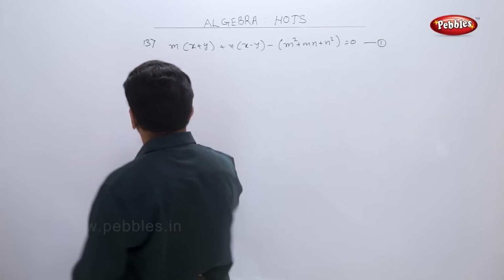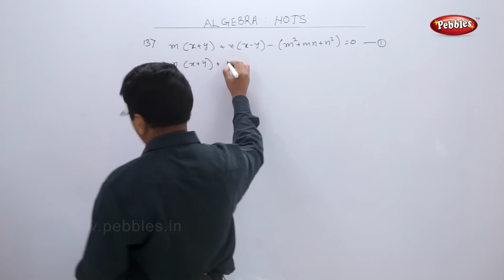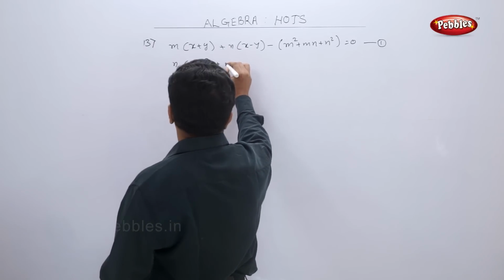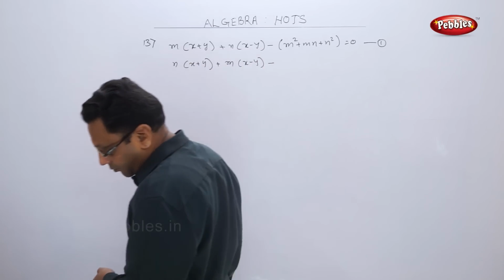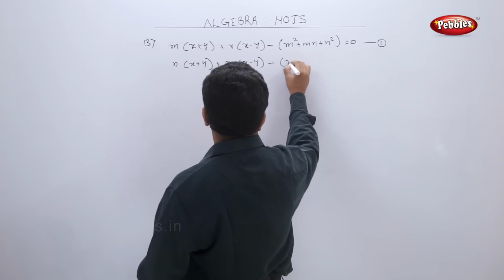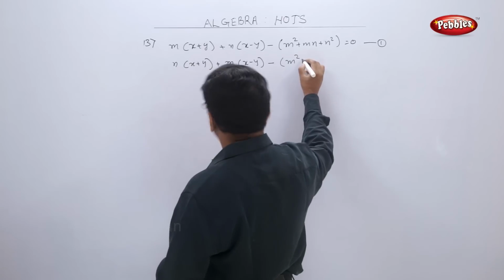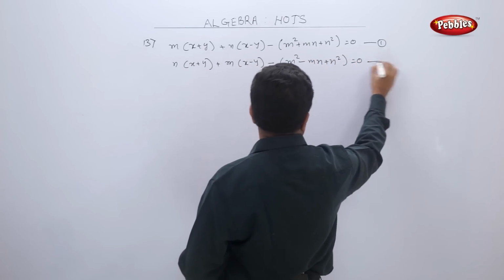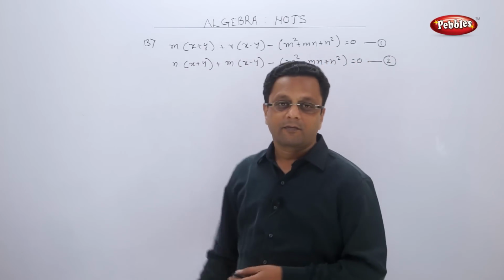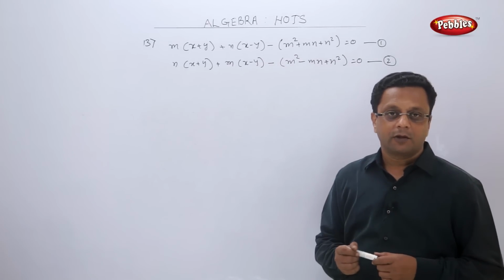The second they are given: n(x + y) + m(x - y) - m² - mn + n² = 0. Again very simple, just a tricky one.